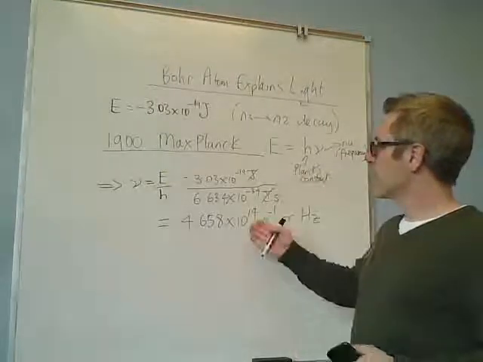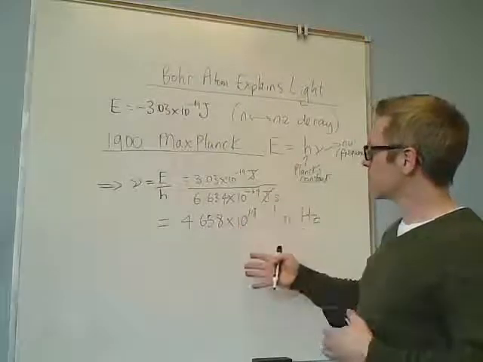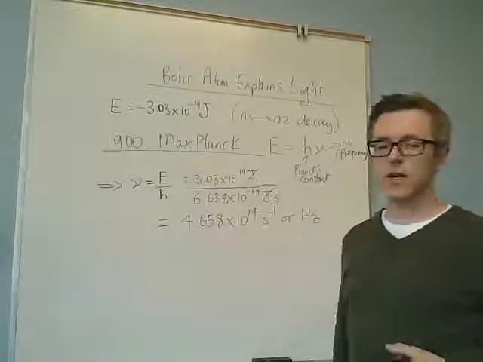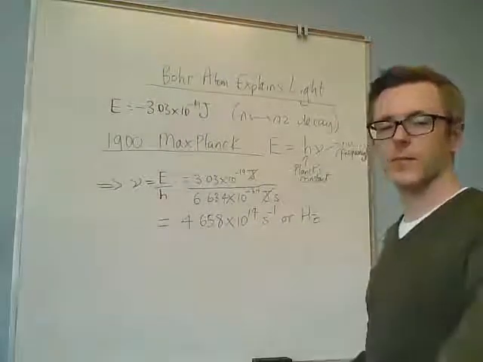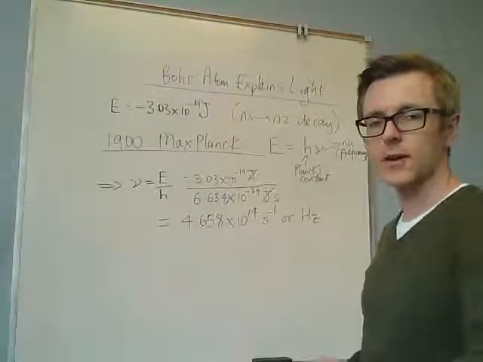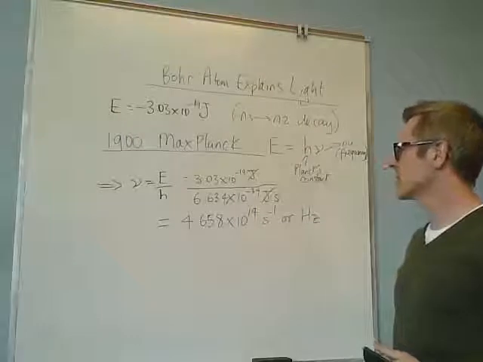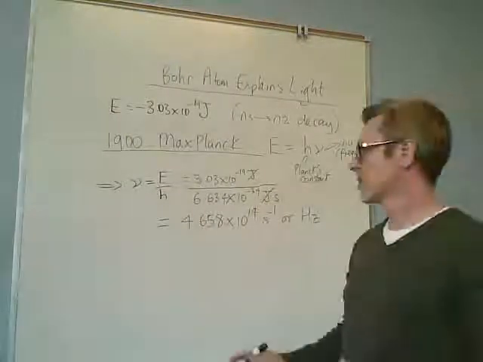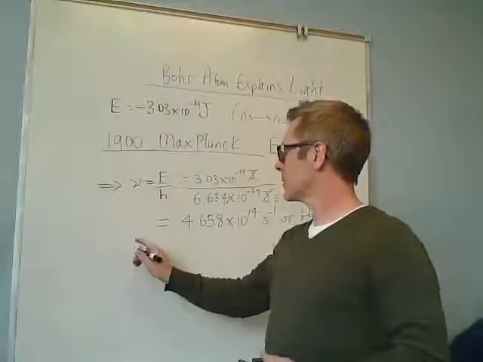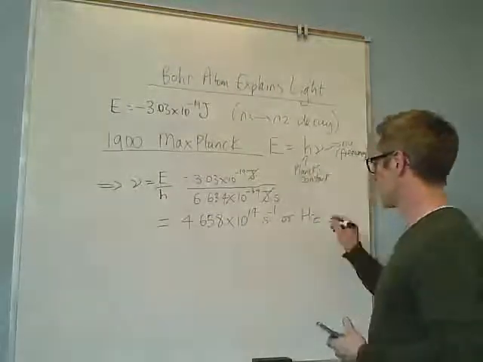But it's hard to know anything about the energy here. Let's convert this to a color. Well, color is not based on frequency, it's based on the wavelength. So we're going to use a slightly different equation.